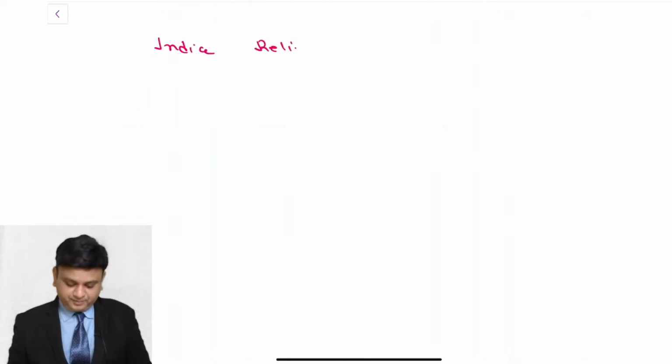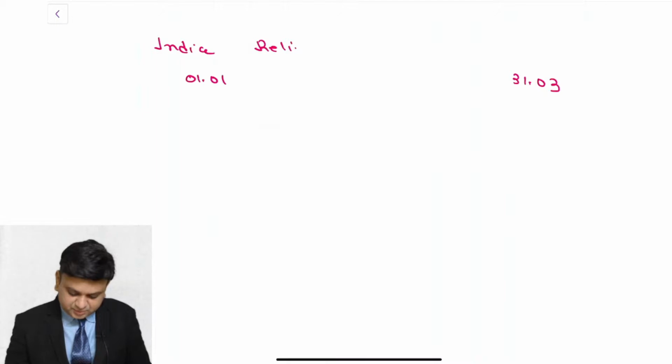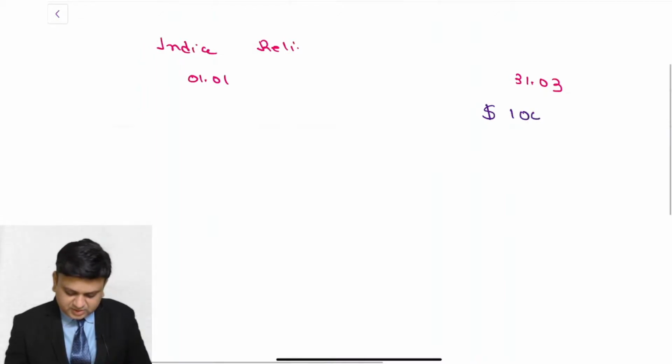For example, say there is a company in India called Reliance Limited, and this company has exported goods on 1st of January, for which it is going to receive the consideration on 31st of March. The consideration is to be received in dollar currency. It is $1,000.